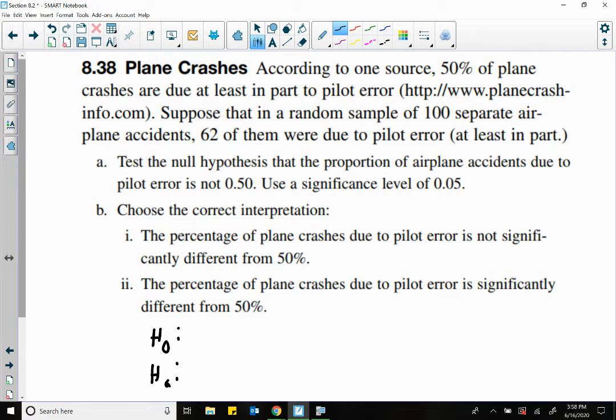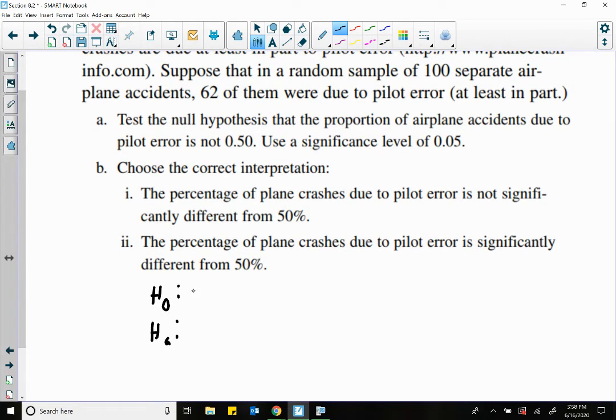So according to the source, 50% of plane crashes are due at least in part to pilot error. So that means our H naught is P equal to 0.5.